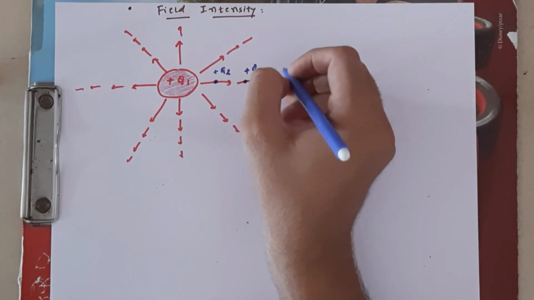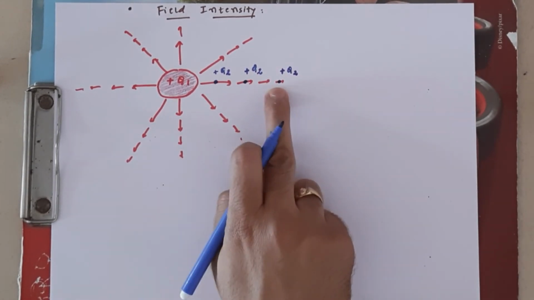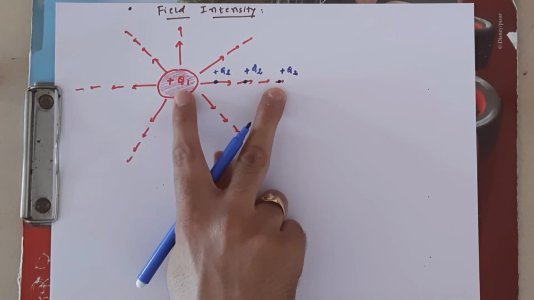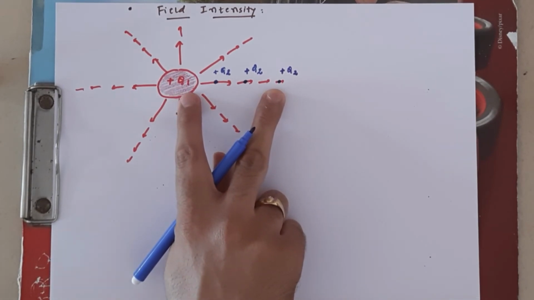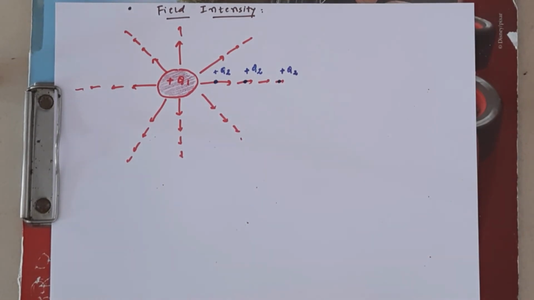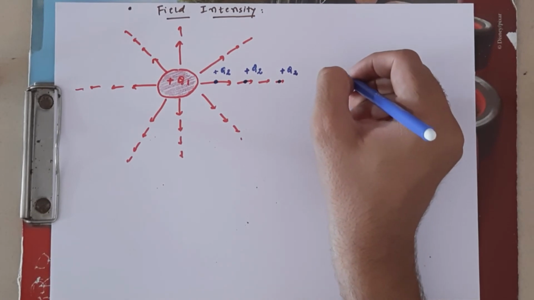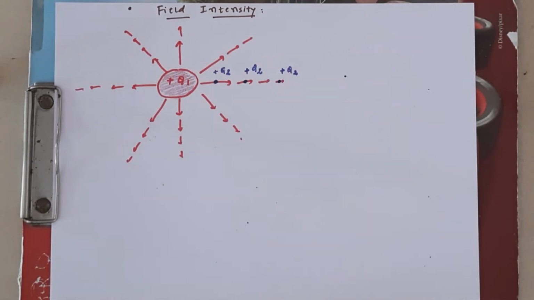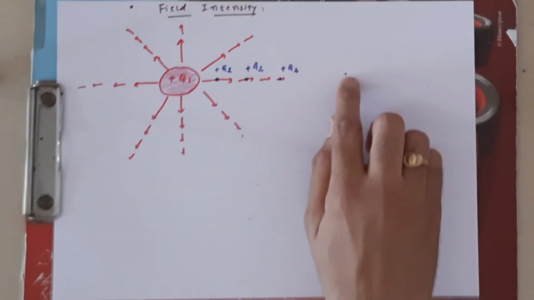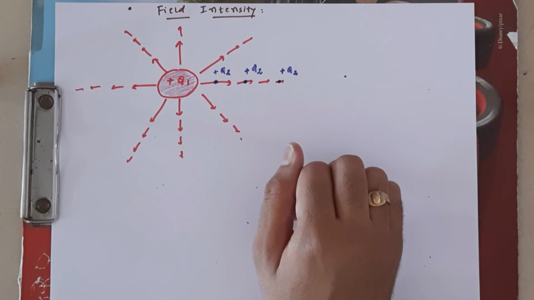Suppose I put plus q2 here, then the force between the two charges is less compared to the first and second cases. And lastly, suppose I put plus q2 outside the field of the first charge. Then there is no force between the two charges, because plus q2 is outside the field of the plus q1 charge.